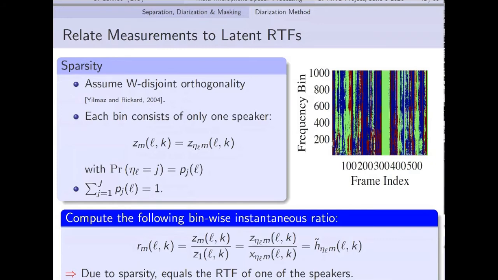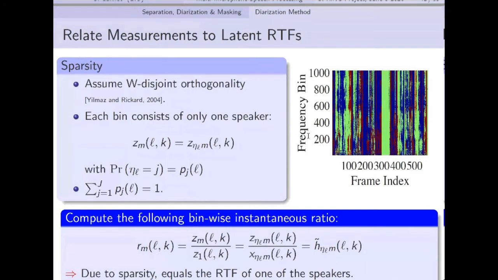So the assumption is quite good, but limited. I cannot assume this for 20 speakers, but I can assume this for 5 speakers for sure. Yilmaz and Rickard already mentioned 10 speakers together. I could not reproduce this, but 5 I could reproduce quite easily. So this assumption is quite valid.